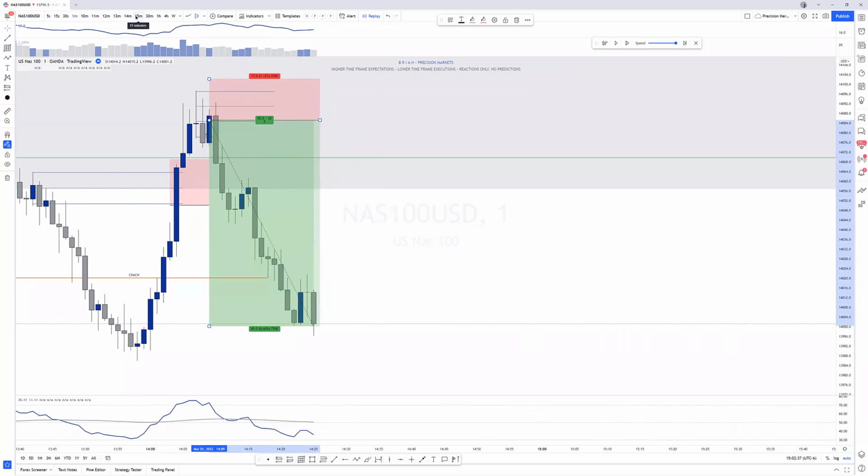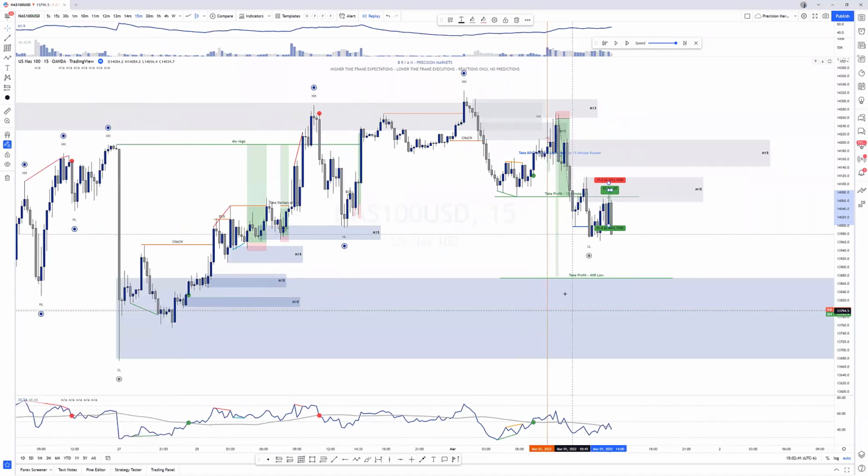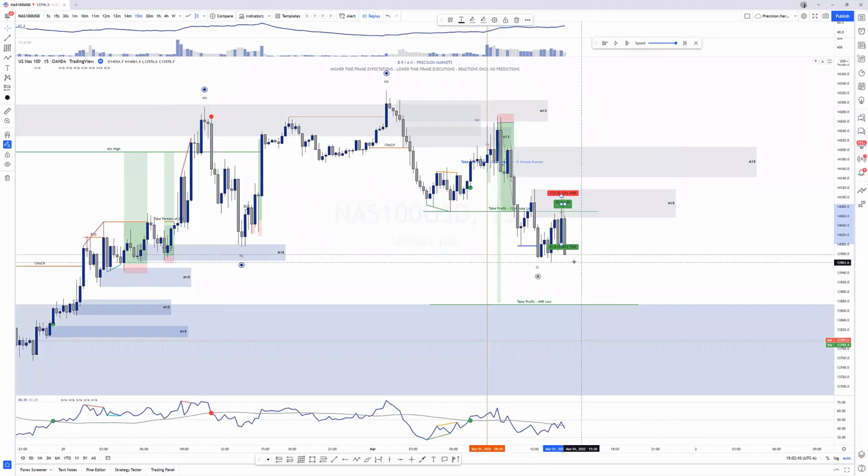But let's take a look back on our 15-minute to make decisions. All right. We still got this 4-hour low, which at this point, the market seems to make a strong corrective move down. I'm looking at the candles. Look at these engulfing candles. There's definitely more momentum to push it down. So at this point, what I'm actually going to do is target this 4-hour low.